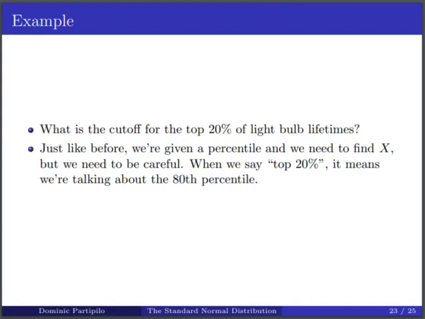Remember, we were talking about how 30% of values are above the 70th percentile because 70% of the values are below it. Similarly, the top 20% of the values are above the 80th percentile because 80% of the values are below it. So what we're actually trying to find is the 80th percentile.